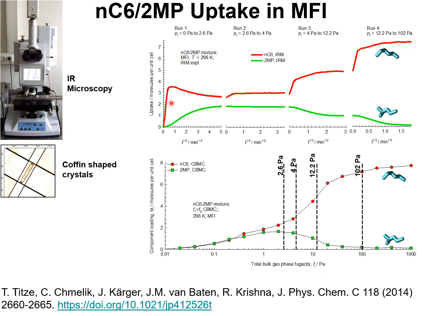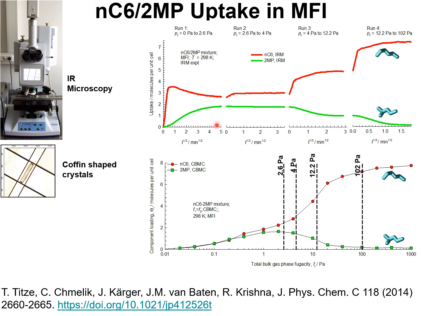In run 1, the MFI crystals were exposed to a gas mixture at a total pressure of 2.6 pascals at a temperature of 298 K. The uptake of normal hexane is shown by the red line, and the uptake of 2-methylpentane is shown by the green line.